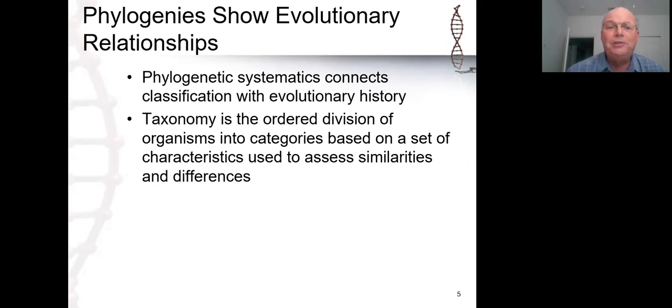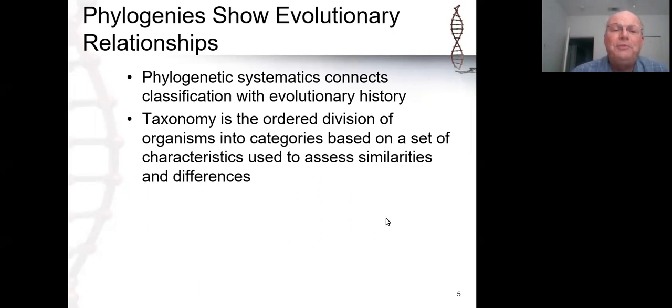And basically, phylogeny allows us to think in terms of evolutionary history at all levels of the taxonomic system, or the systematic system of categories. And it really does then give us a handle on evolutionary history.